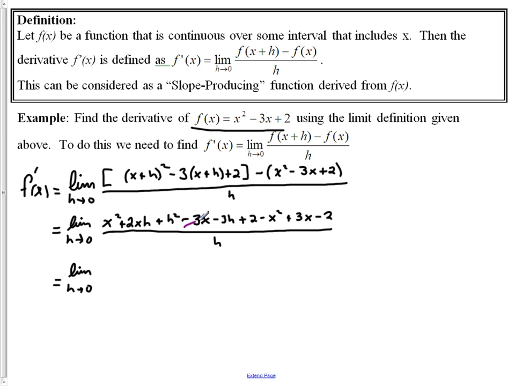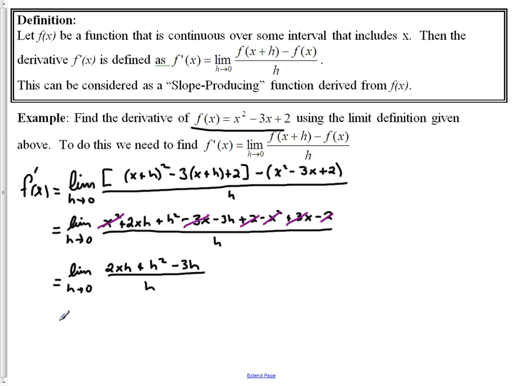For instance, negative 3x and positive 3x will just add up to be 0. By the way, same thing with x squared and negative x squared, as well as plus 2 and minus 2. So look at what we're left with now. This quantity looks like 2xh plus h squared minus 3h all divided by h.